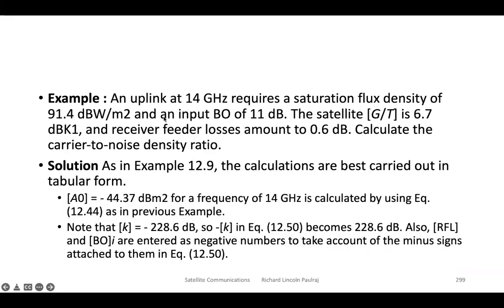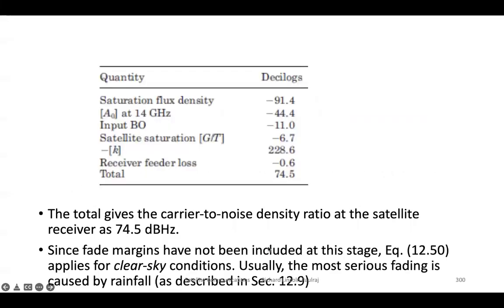Receiver feeder loss is 0.6. Calculate the CNR. So A0 we take as 44.37, just continuing from the previous example, and K is equal to minus 228. We'll just substitute them in the form of tabulation as we have done previously.